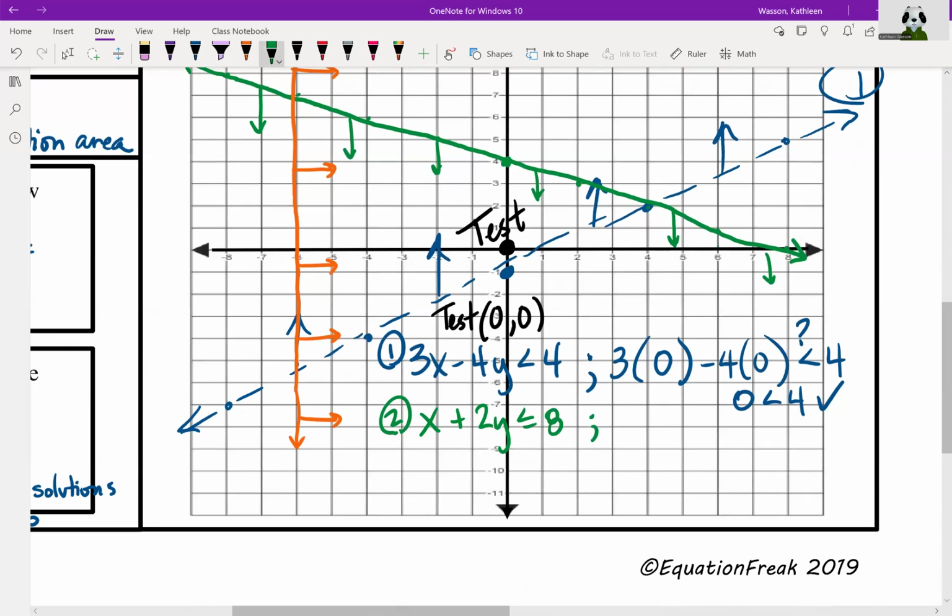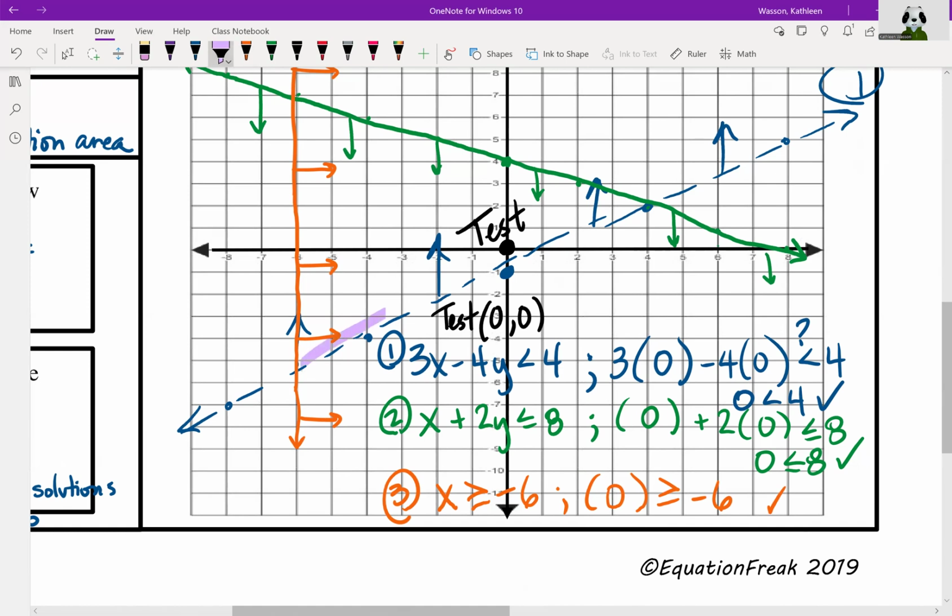So I need to make sure that 0 plus 2 times 0 is less than or equal to 8. Well, 0 is less than 8. So that works out. My third inequality is x greater than or equal to -6. So I'll substitute 0 for x, and I'm verifying that 0 is greater than or equal to -6. And it is. So this is my solution area.